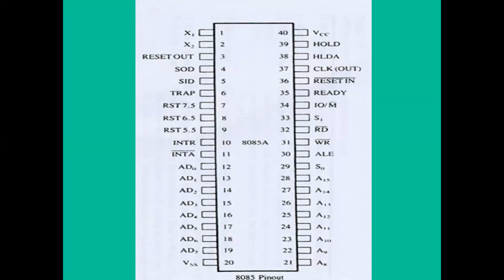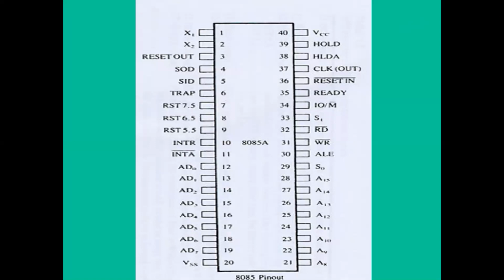Next is pin number 34, which is over here, and that is called IO slash M bar. This pin has a dual function. What is the dual function? If this pin is high, that means an input and output device is connected and an input or output operation is performed.